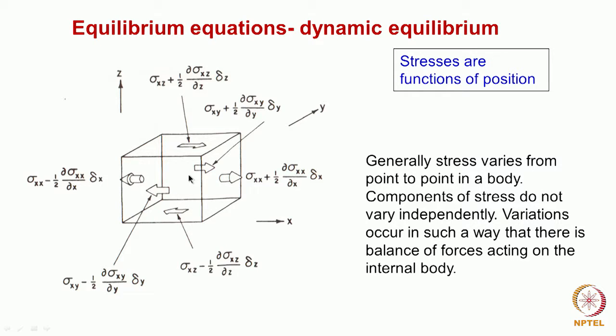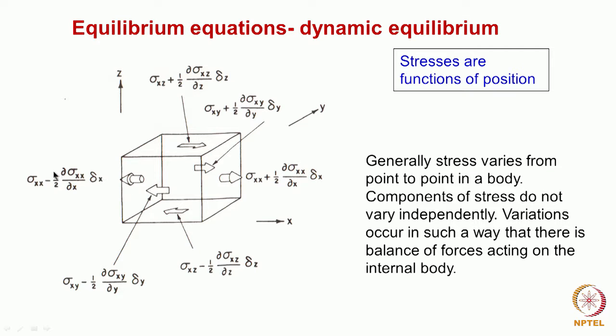So in this, the origin is at the center of this cube. If sigma xx is the stress in the positive x direction, then on this surface it is going to be half into delta x into dou sigma xx by dou x, where the dimensions of this cube are delta x, delta y and delta z in the x, y and z directions.